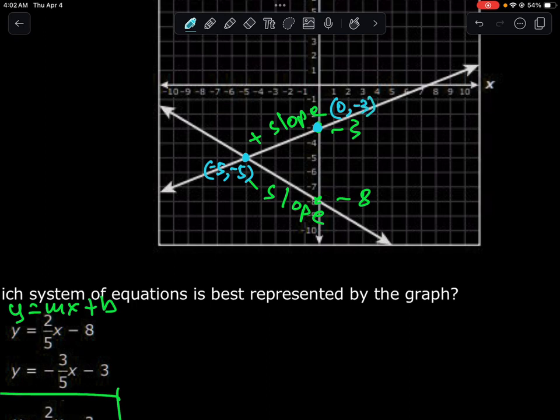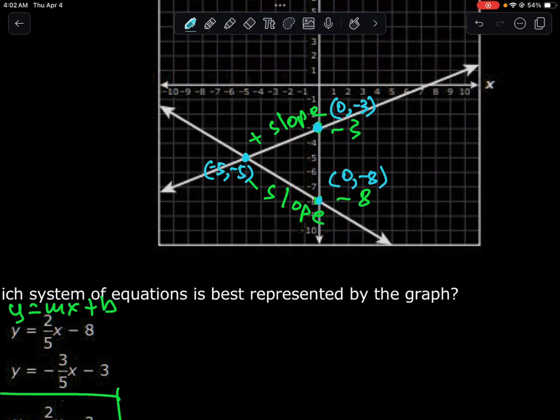So it's 0, -3. I only need 2 coordinates for the other line, if they are available. Sometimes they are not exactly available, I have to estimate, and sometimes even just 1 point, depending on what the other option shows, could be enough. Here, it's the other y-intercept, which is 0, -8.